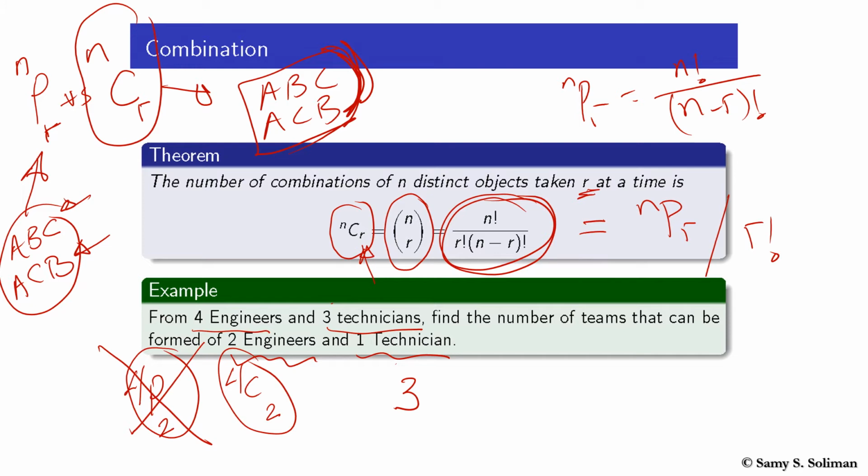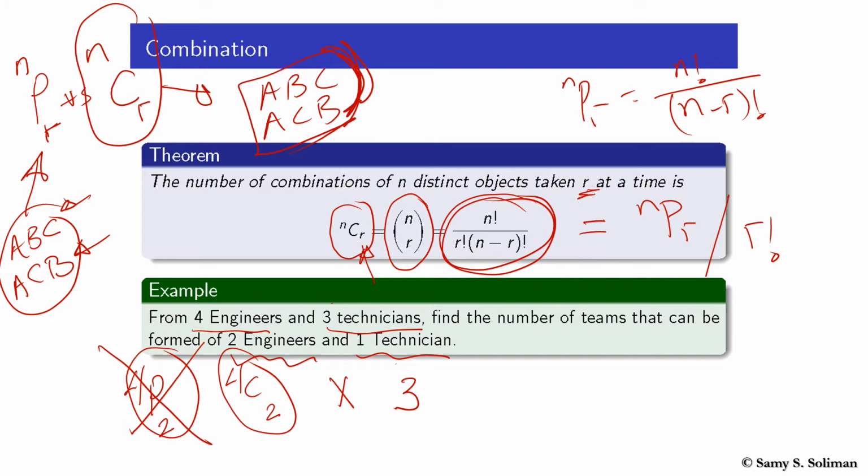Now let's go back to the multiplication rule. Now we have 4C2 ways to choose 2 engineers out of 4 engineers, and for each of those ways we have 3 ways to choose 1 technician out of 3 technicians. So the overall number of ways to form the required team is 4C2 times 3.